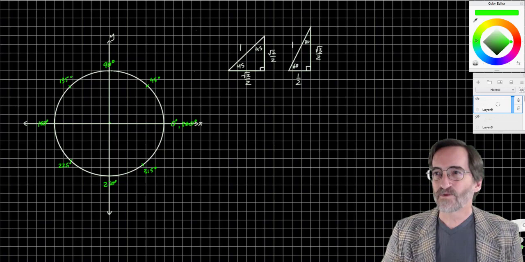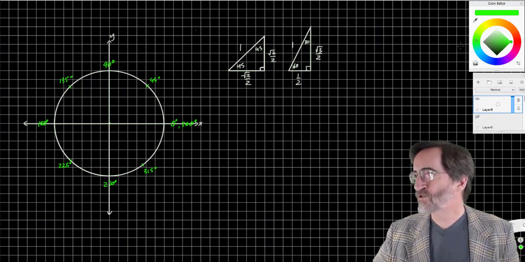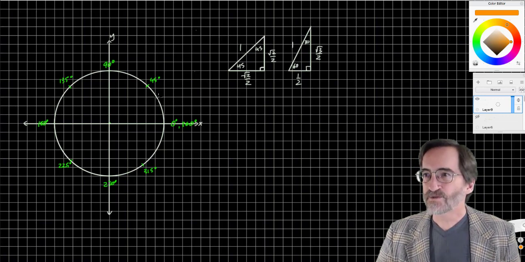What if we take the 90 degrees and split it into thirds? I'm going to change colors here. Let's go orange. So split it into thirds.